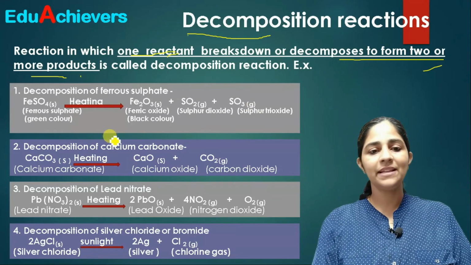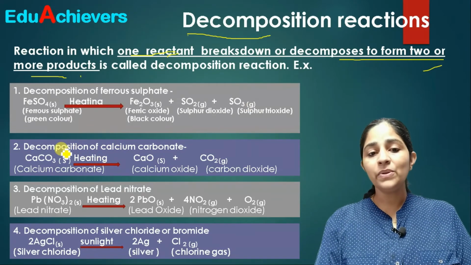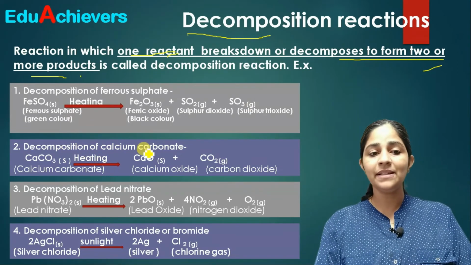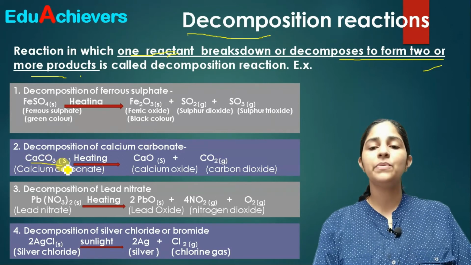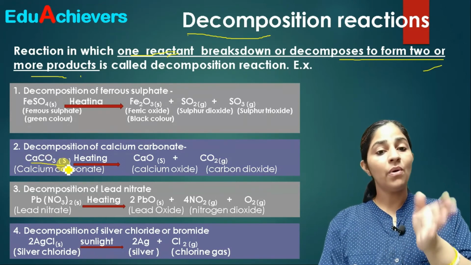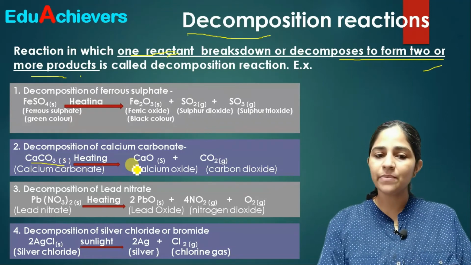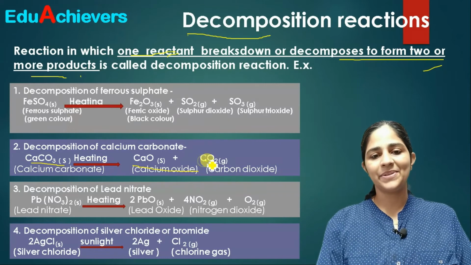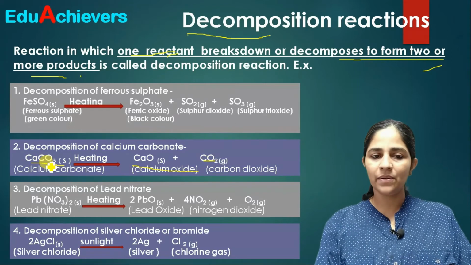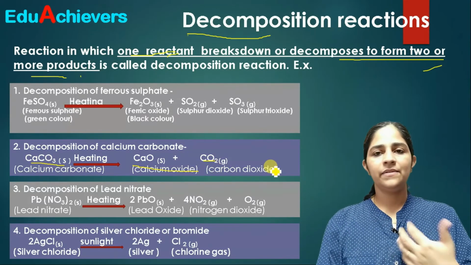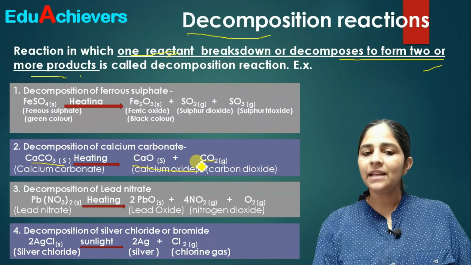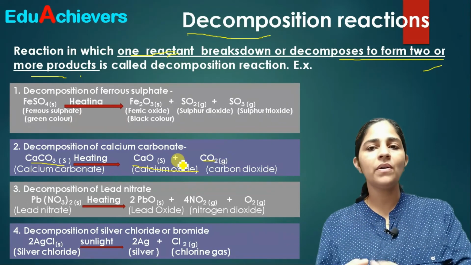The next reaction we can take is the decomposition of calcium carbonate. When calcium carbonate is decomposed on heating, it breaks down into calcium oxide plus carbon dioxide. Carbon dioxide gas is formed, leaving behind the calcium oxide compound.